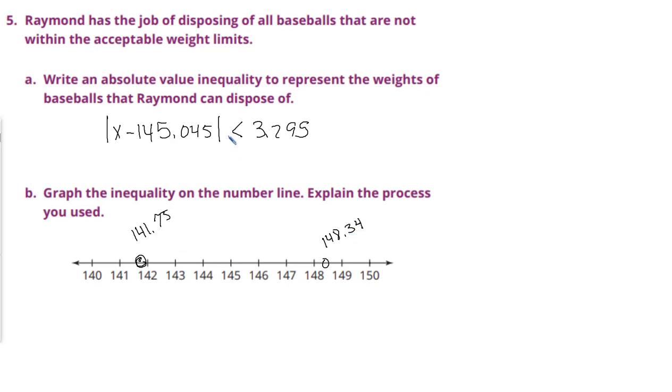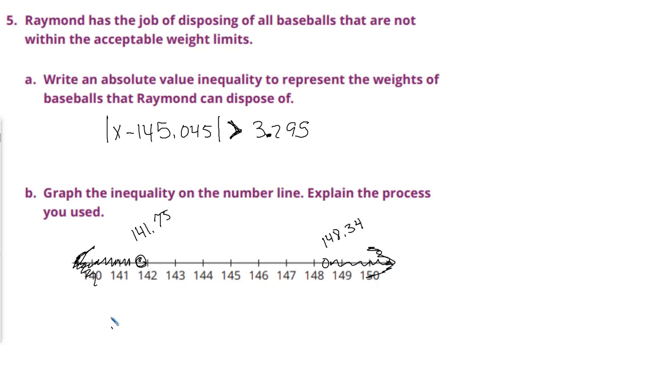But this time we're looking for all the ones, oops, I put the wrong symbol, all the ones that are greater than 3.295. So we want a difference of more. That means we want this side and we want this side.